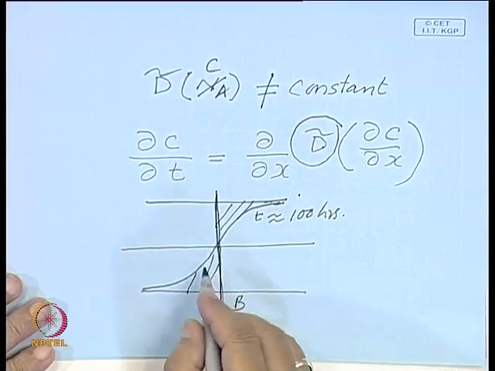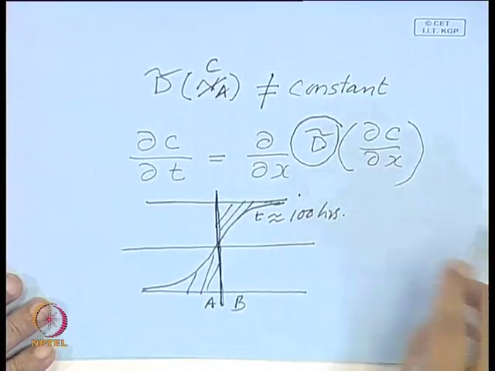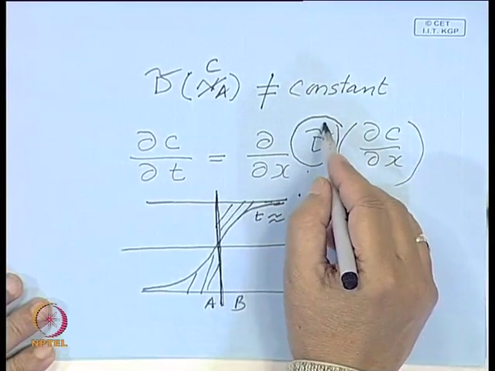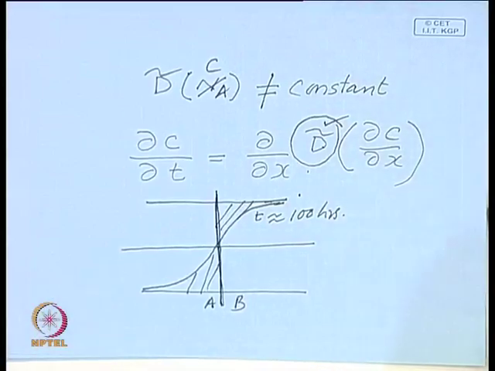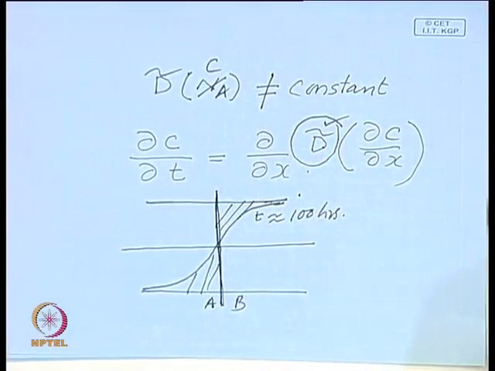But in most cases we will find that this is not symmetric, which indicates that this diffusivity, which is called the inter-diffusion coefficient, is actually a function of composition.